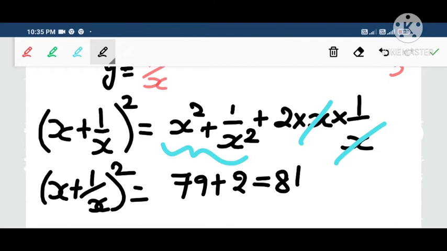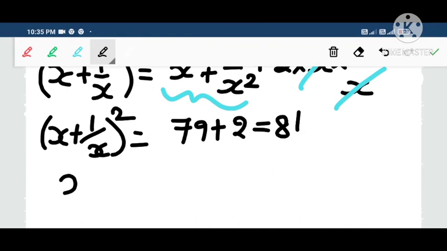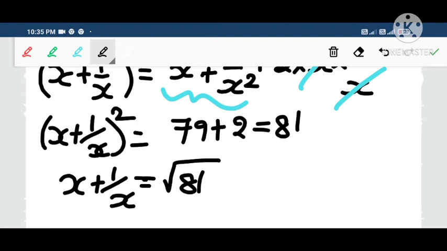Now we need to take the square root, because we need to find x plus 1 by x only. So x plus 1 by x is the square root of 81. The square root of 81 is nothing but 9.